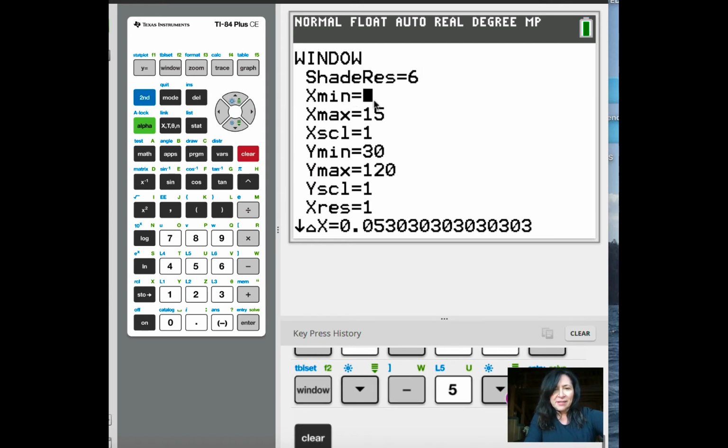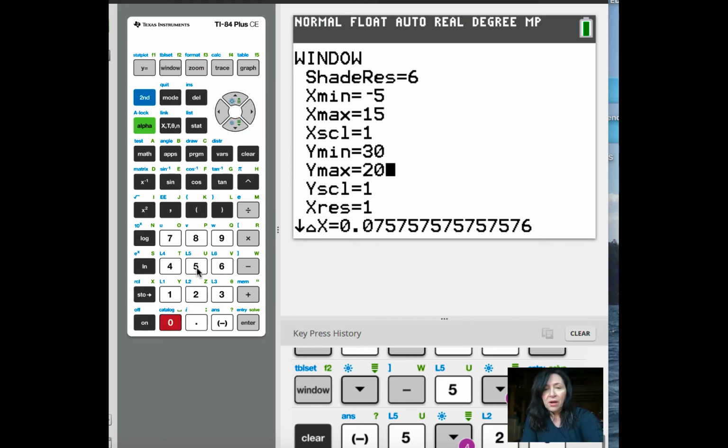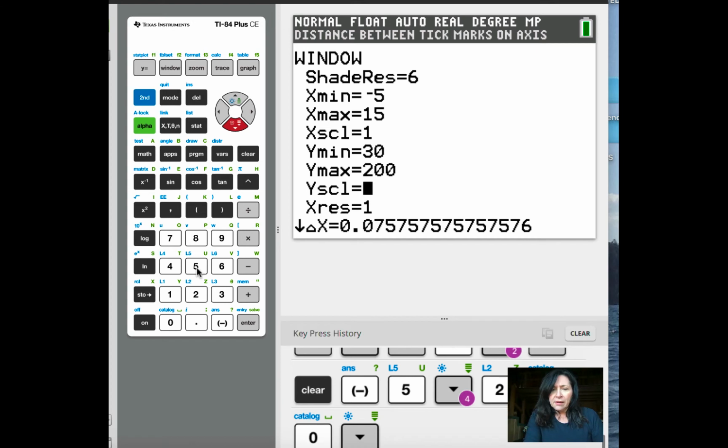Okay, so delete that. It's got to be -5, and then going down for our max, 15 is going to work because I think our highest is at 11, at a scale of 1. And then for Y, our minimum looks like it's 40, so I'm okay with 30, and our highest was 195, so we can make that 200, and that should work.